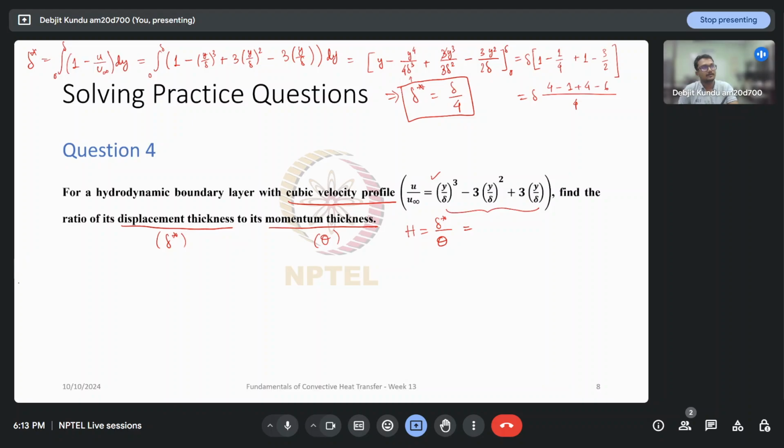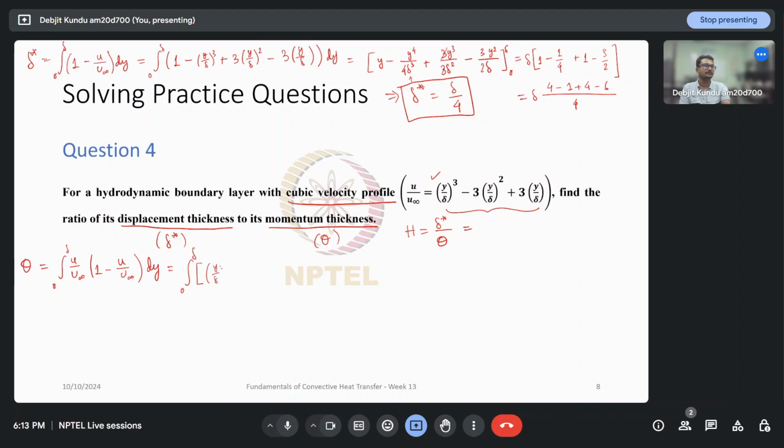Now a bigger calculation. Now we have to find what theta is. So theta is 0 to delta u by u infinity multiplied by 1 by 1 minus u by infinity dy. Now we will simply plug in the form which we have assumed and then take a product of them.